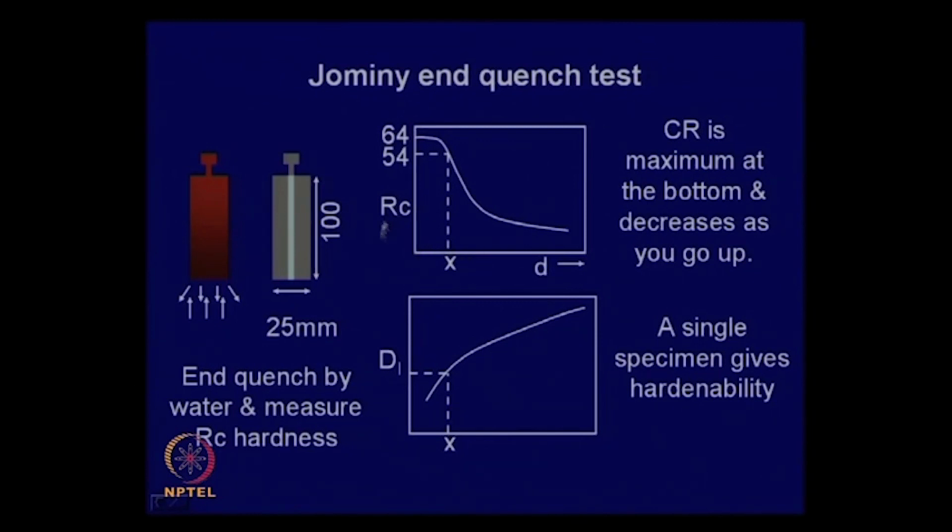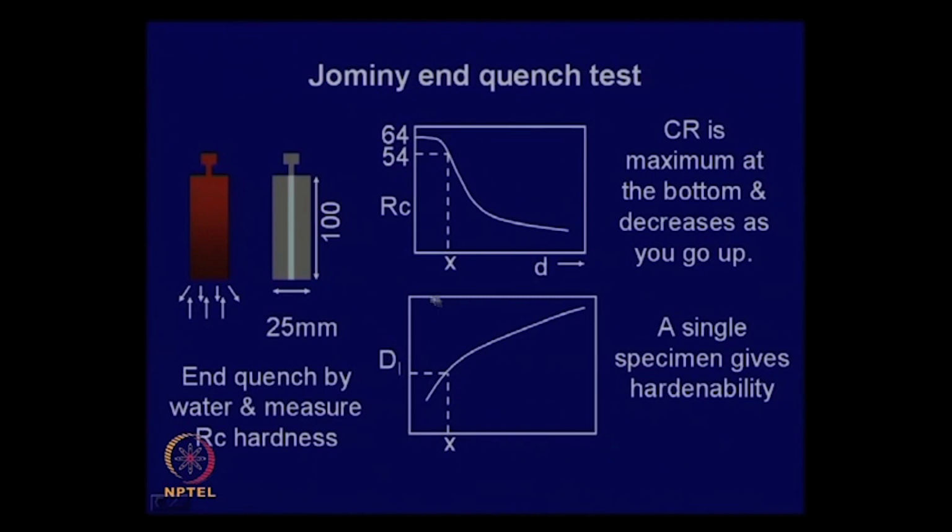And in fact, this is a single specimen test, and it became so popular that people have worked out and found a correlation of this Jominy hardness depth. This is the Jominy hardness depth x, and this can be converted into ideal critical diameter.